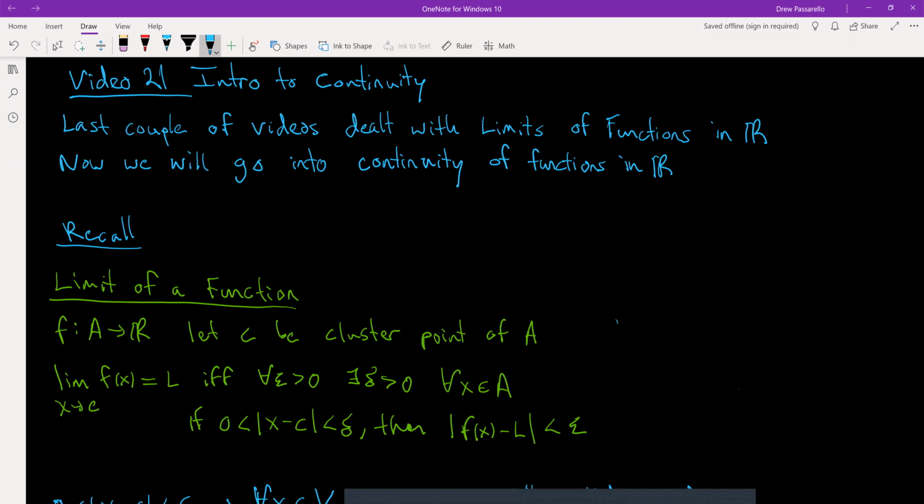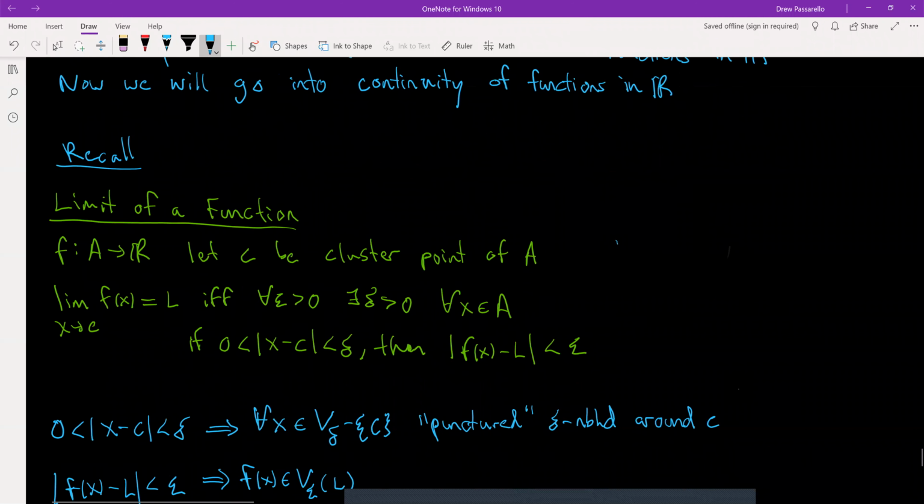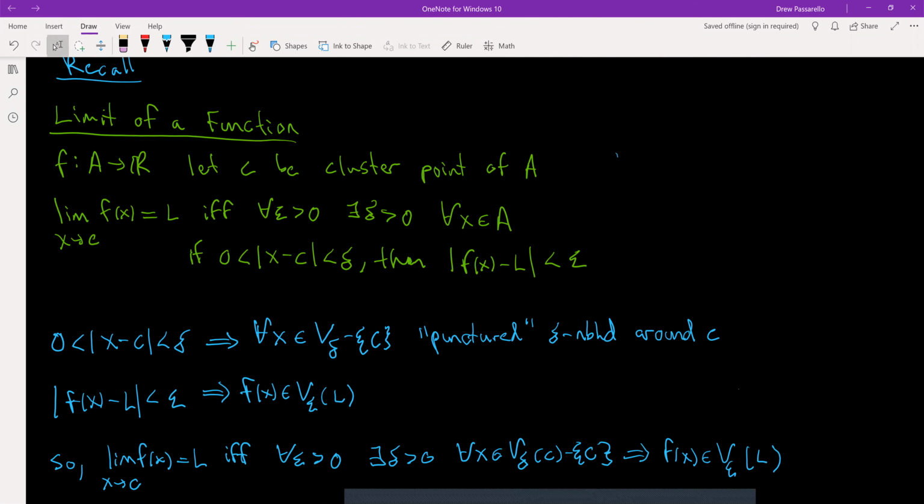Recall the definition of a limit: if you have a function from set A to the real number line, and you let c be a cluster point of A, then the limit of f of x as x approaches c equals L if and only if for all epsilon bigger than 0, there exists a delta greater than 0, so that for all x in A, if 0 is less than the absolute value of x minus c, which is less than delta, then the absolute value of f of x minus L is less than epsilon.